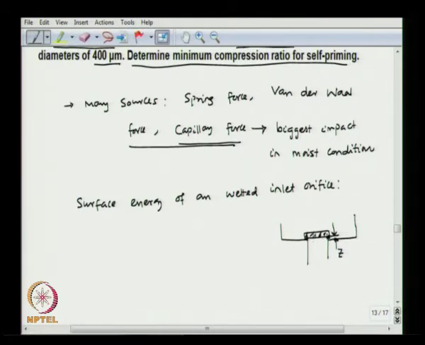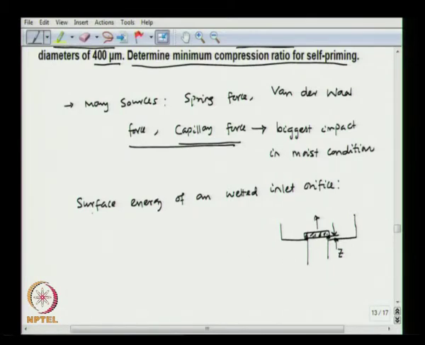Now, if you want to open this valve, the applied energy has to overcome the surface energy that is already created because of the presence of this liquid here.